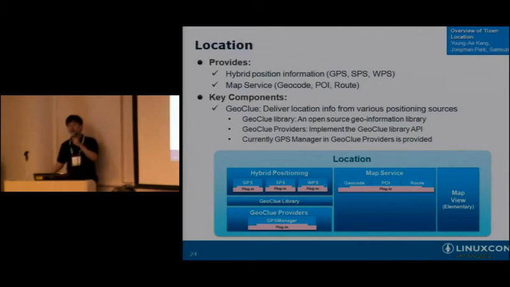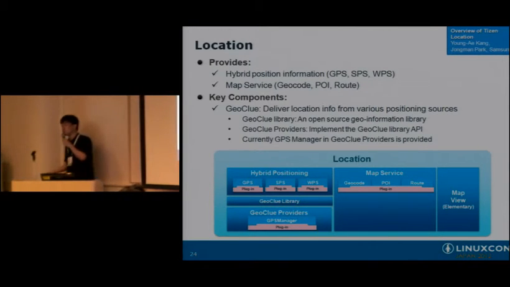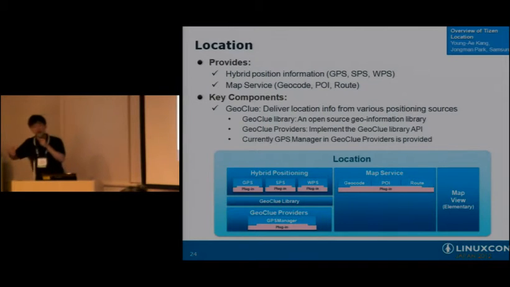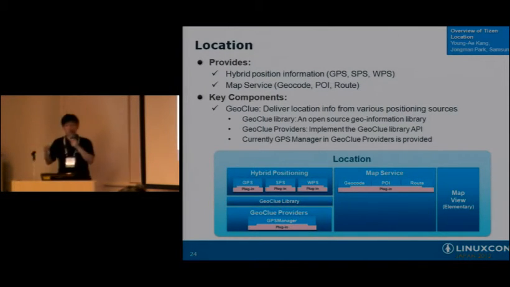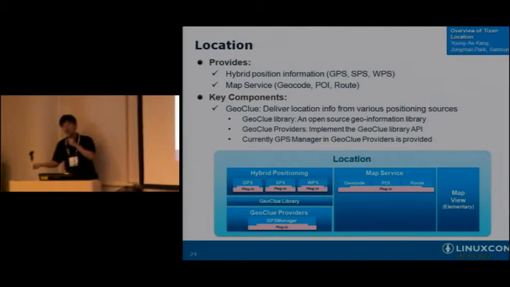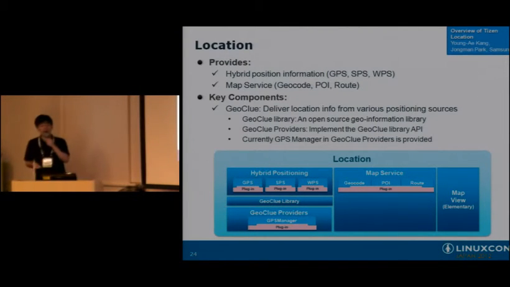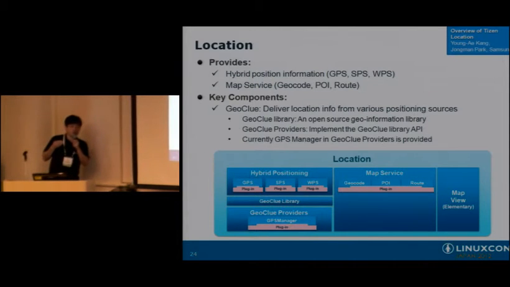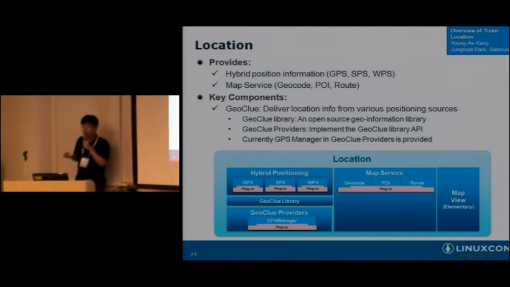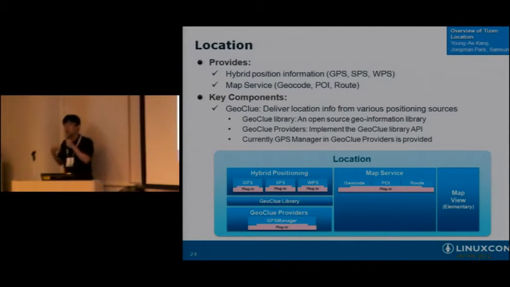And there is a map service, geocode, which takes care of looking for the position from the address, or vice versa. You can give an address, then you can get the geographic information. And the POI service is also supported, and the routing service, finding the route, is also supported by the map service.